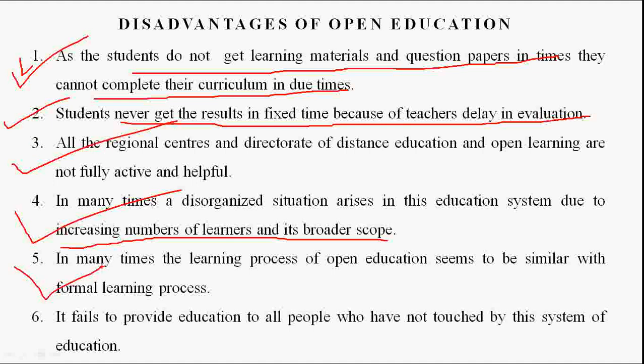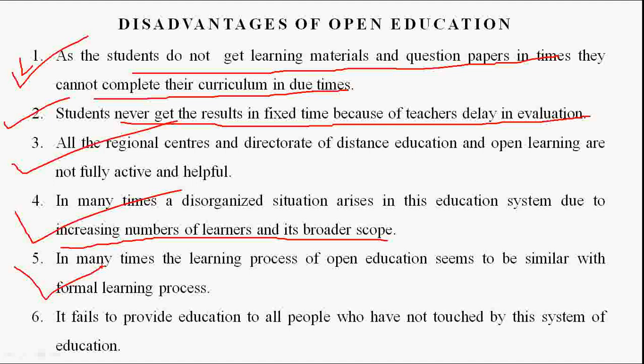Many times the learning process of open education seems to be similar to the formal learning process. So the formal learning and open education learning are sometimes quite similar, because sometimes the syllabus is the same, the examination system is the same, the performance of students is the same, the quality is also the same. Because of similar conditions, a student who goes to a formal education system may face problems, isn't it?